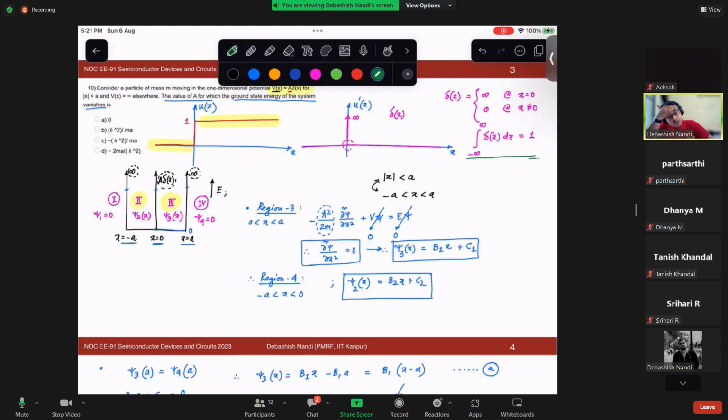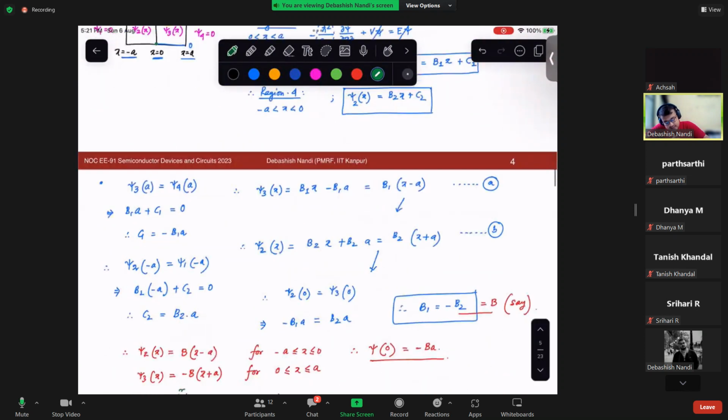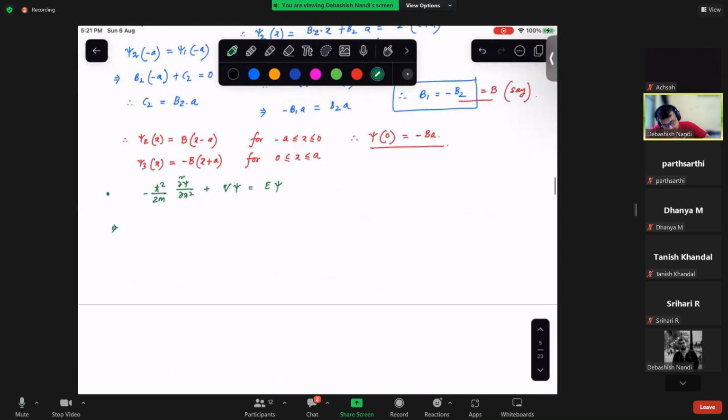Generally what we do is use the normalization integral to find out the coefficient of the wave function, right? So similarly, in this way, let me integrate this equation from 0 minus to 0 plus. What was my V?